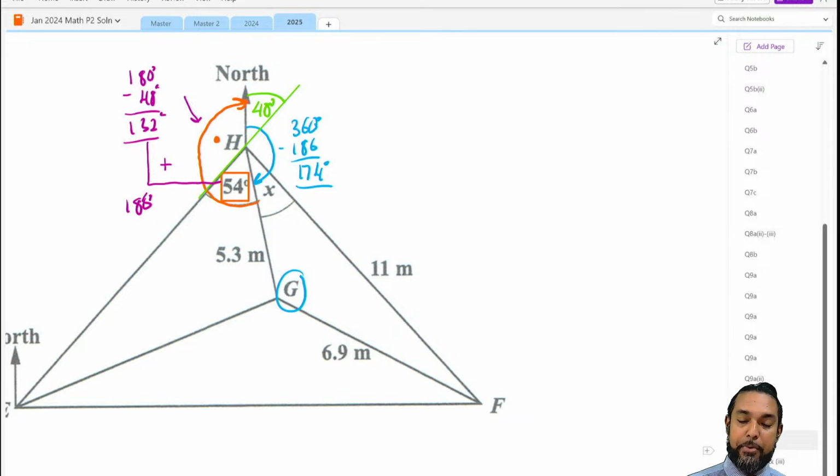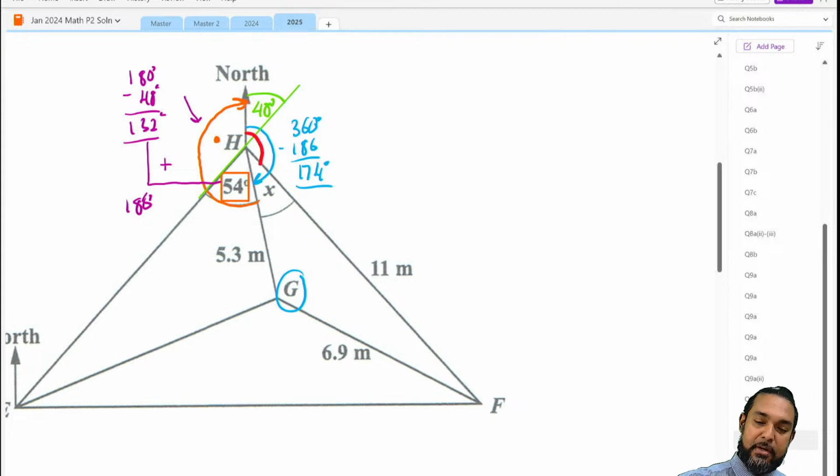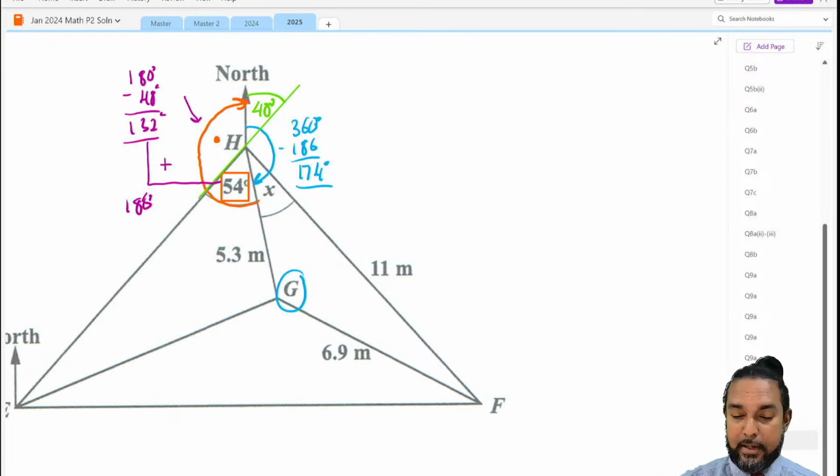I feel like somehow we were supposed to find this piece here and then add that to the 29.5. That's interesting. Okay, cool. Anyhow, let's go from there.